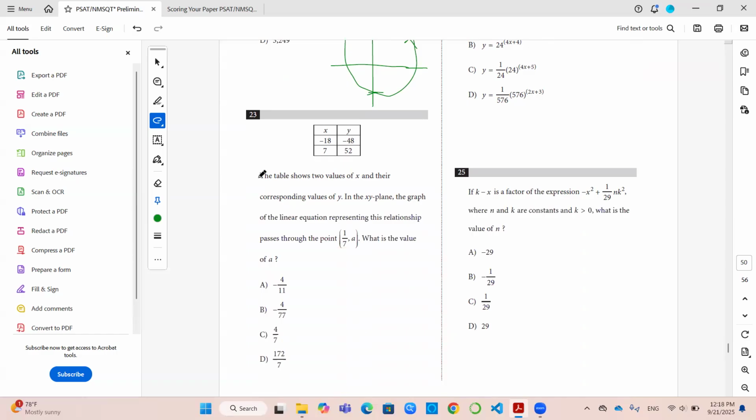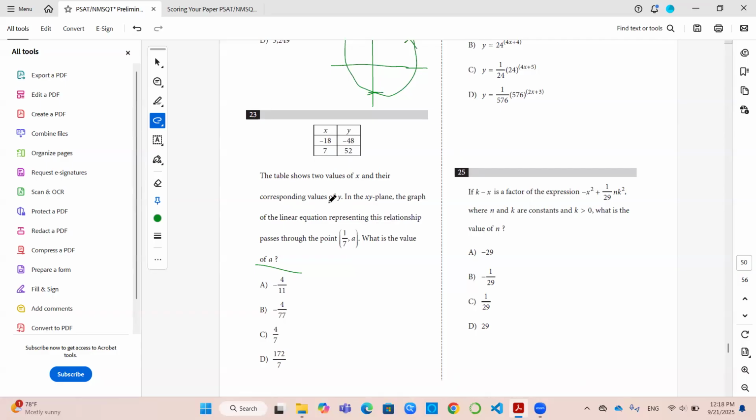The table shows two values of x and their corresponding values of y. In the xy plane, the graph of the linear equation representing this relationship passes through the point (1/7, a). What is the value of a? Okay, so here's what we can do. First, we need to find the equation for this line.